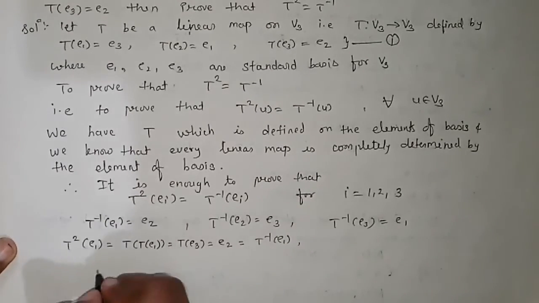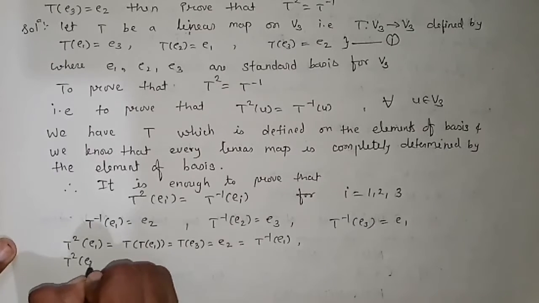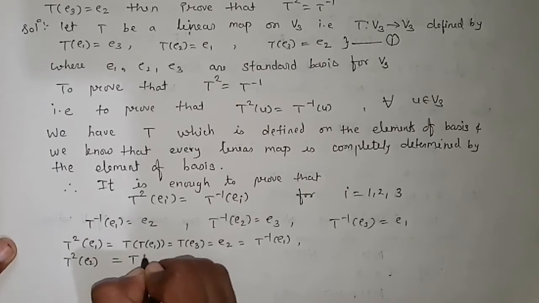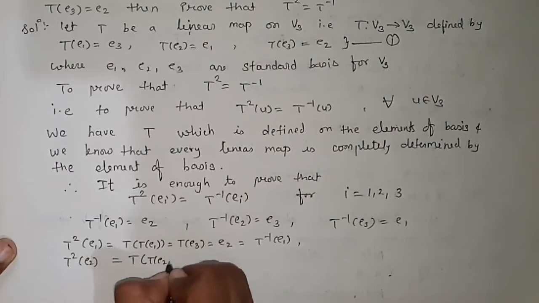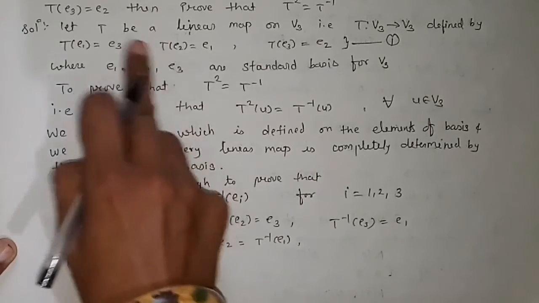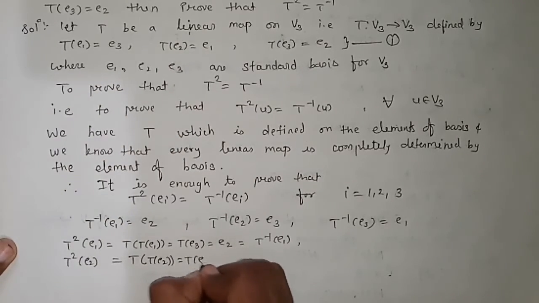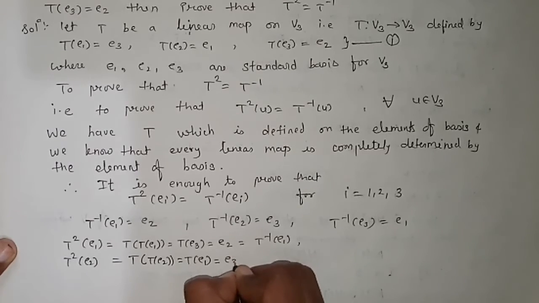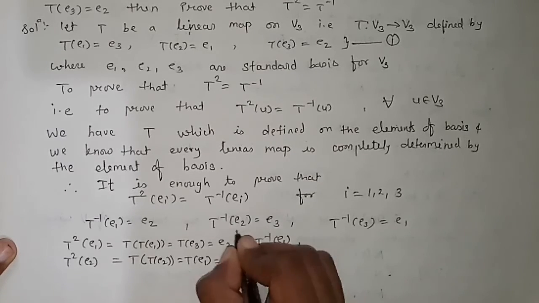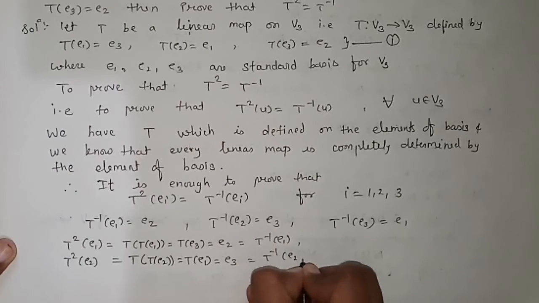Again, for the second one, T square of E2 is nothing but T of T of E2. T of E2 is E1, so this becomes T of E1. Now T of E1 is E3, and E3 is nothing but T inverse of E2.